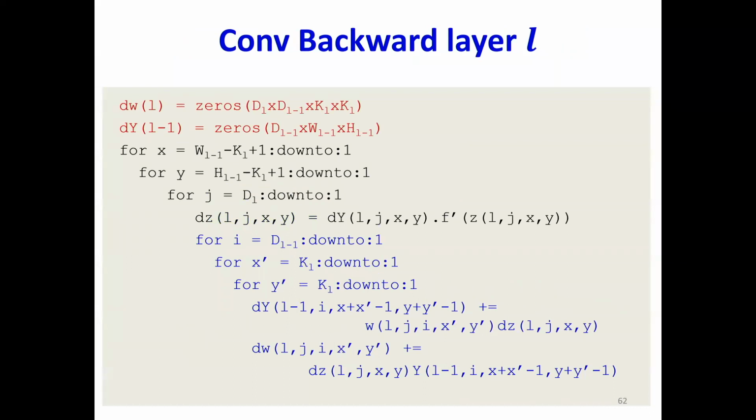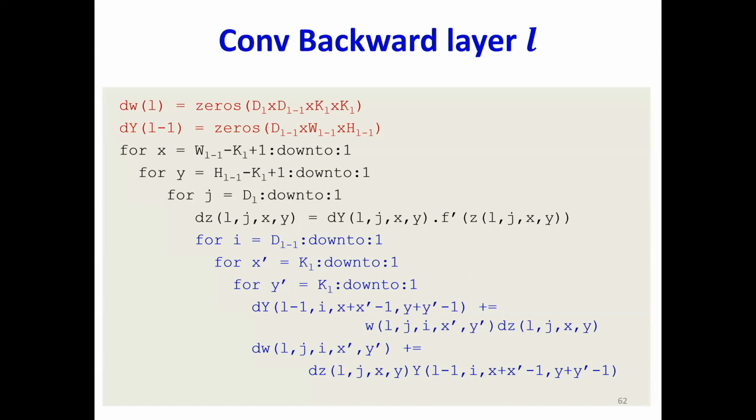And all I am doing is saying dl, this is the derivative of the loss with respect to z, is the derivative of the loss with respect to y times f prime, right? So I changed that. And then within the innermost loop, I just use this rule. That's all I did. At this point, when I come here, I've already got the derivative of the loss with respect to z, because that's what I computed out here, right?